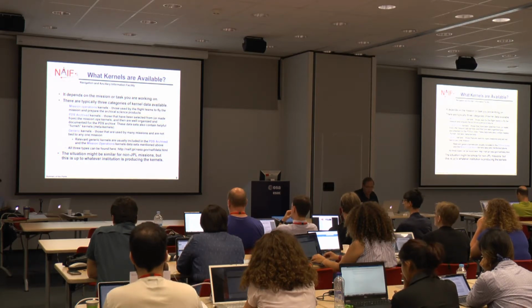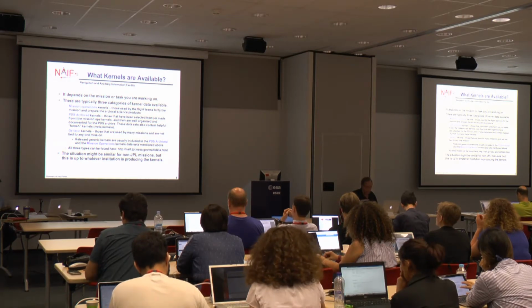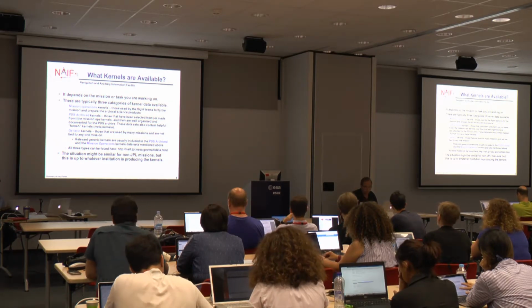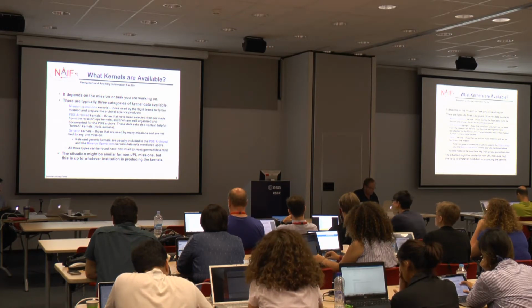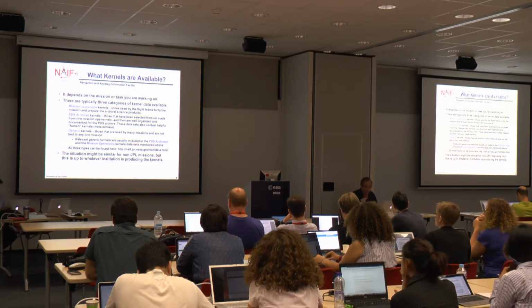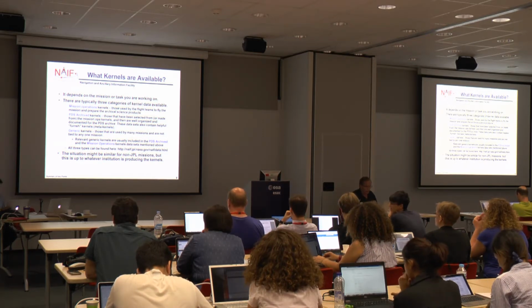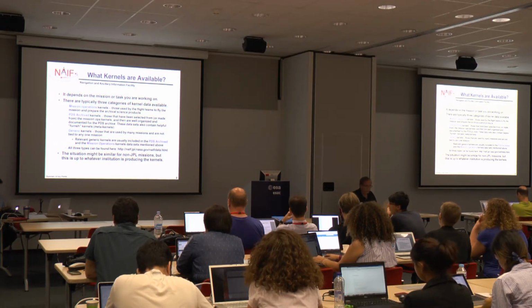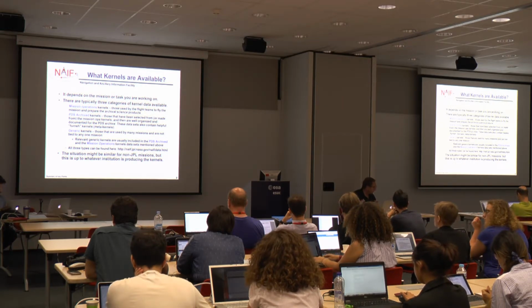Then there's the archived kernels, whether it's PDS or PSA, and here we tend to match exactly across European missions because we mirror Mark's archive. Those are much easier to use, at least on the NASA side, because we do have very good meta-kernels produced for the archives. And then there's the generic kernels. These are things like a planet ephemeris or the planetary constants, most planetary constants kernels that are independent of any particular mission.